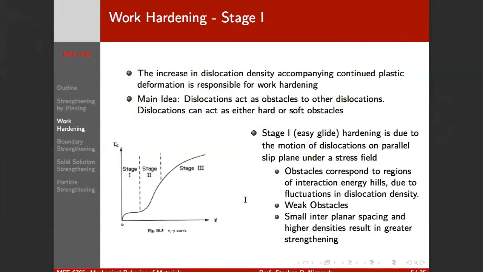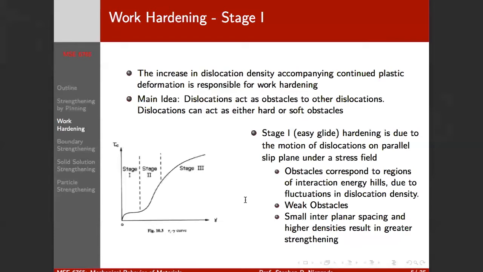So defects can act as hard or soft obstacles, or strong and weak obstacles, depending on the neighborhood. If we think about other dislocations that lie in the same slip plane, if we have two parallel dislocations that come together, if they're of like sign, there's going to be a repulsive effect.